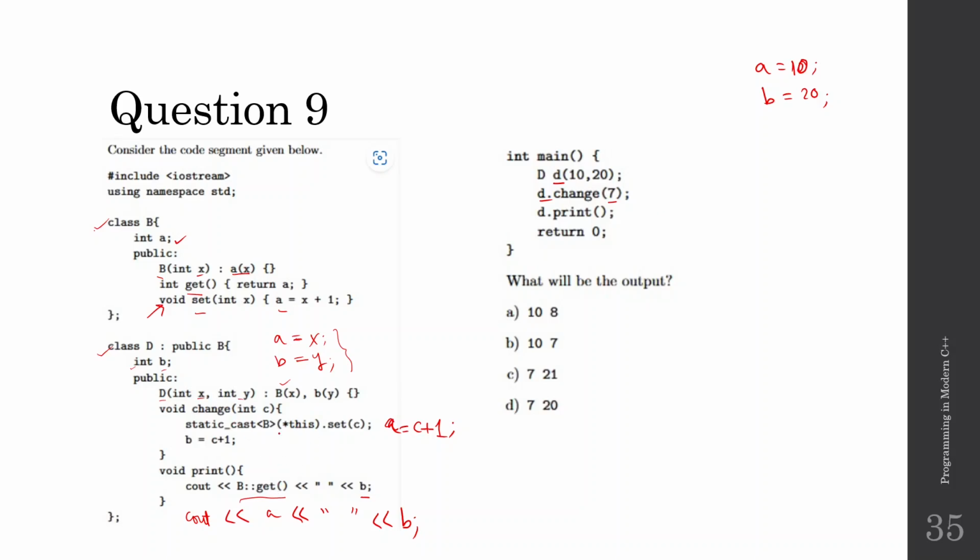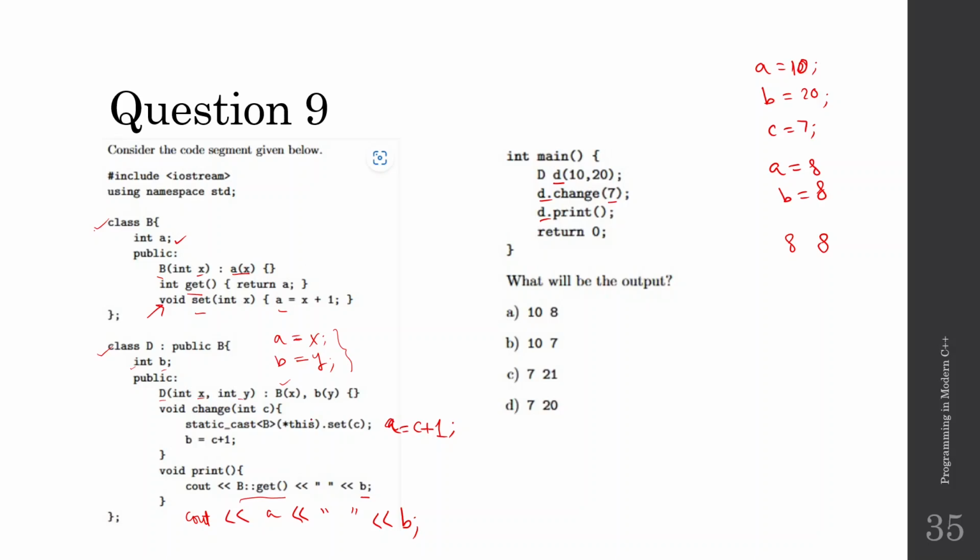Ignoring the cast, a equals c plus 1 and b equals c plus 1, and c is equal to 7. So a will be 8 and b will also be 8. When I call the print function, a and b will be printed, so our output would be 8 and 8. This is what would happen if the static cast was not there.